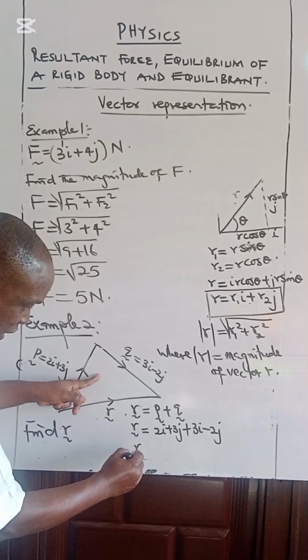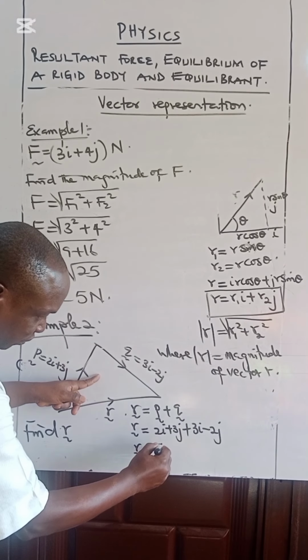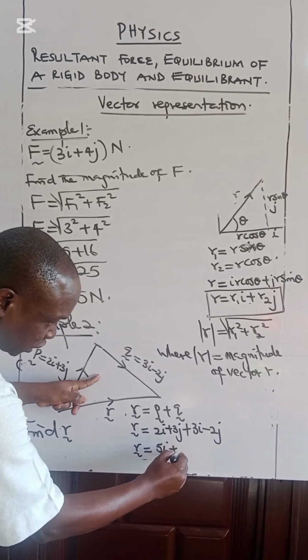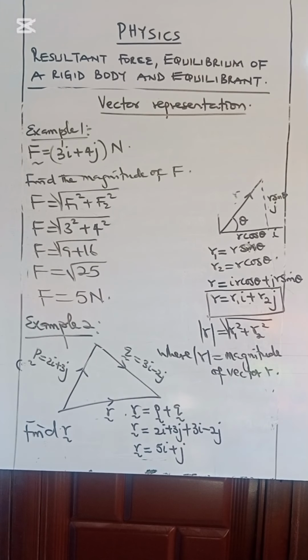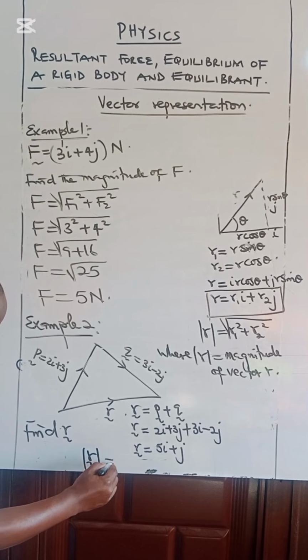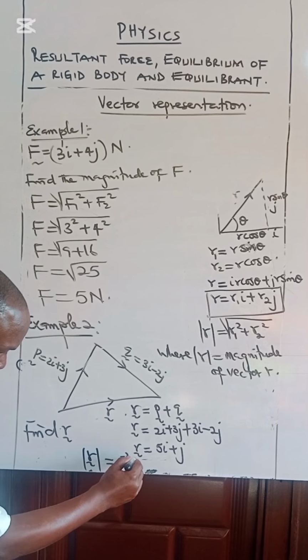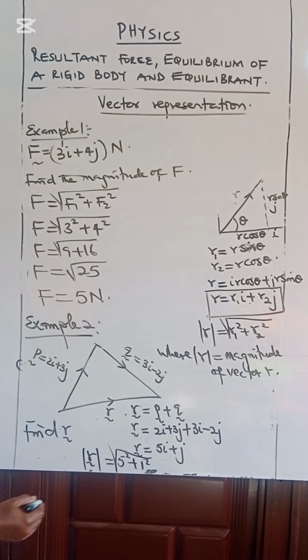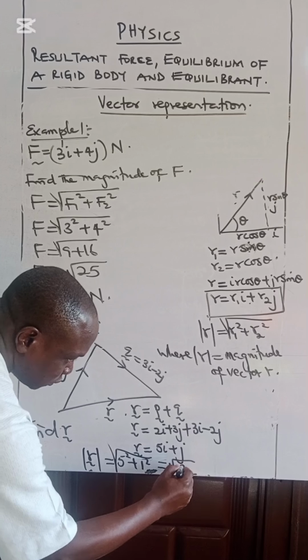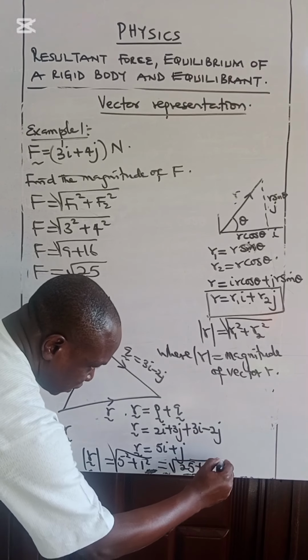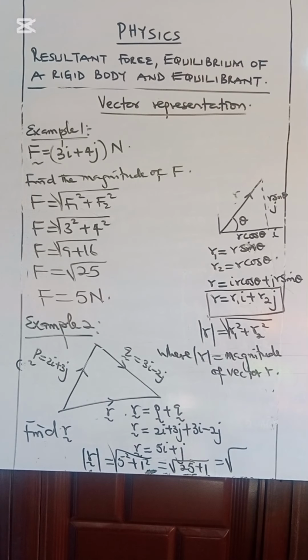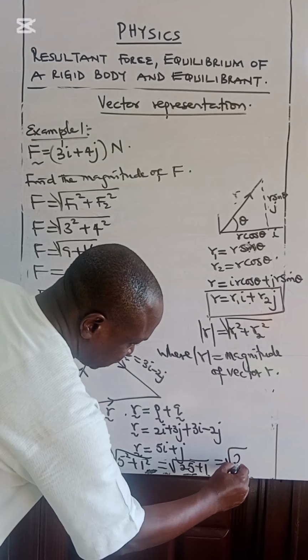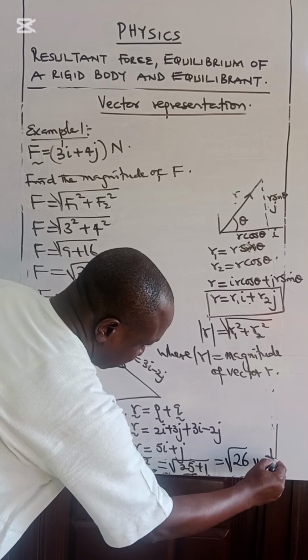Once you add all these together, vector R will be 5i plus j. In case you have to find the magnitude of vector R, you square this: the square root of 5 squared plus 1 squared, which is the square root of 25 plus 1, that is the square root of 26. Then units. That will be the answer.